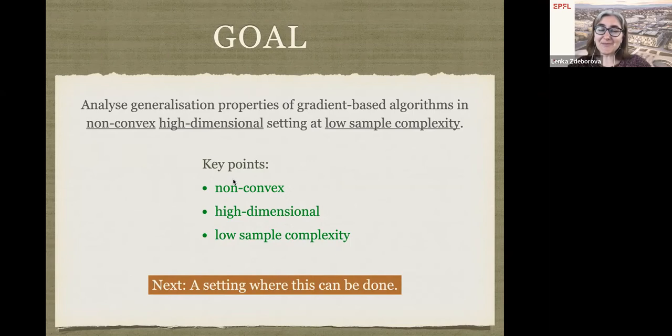Of course, if we could reach that goal in general, then we would solve a lot of these open questions about deep learning, but that's not yet the case. In this talk, what I will walk you through is a setting where this can be done, a simplified setting, and I will say in which sense, where we can actually understand what's going on.